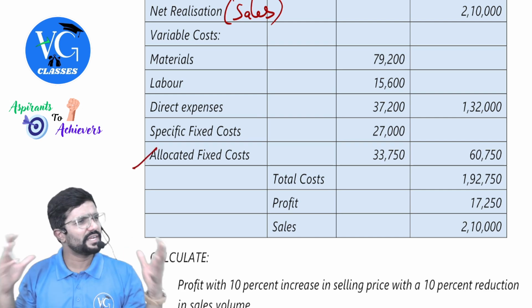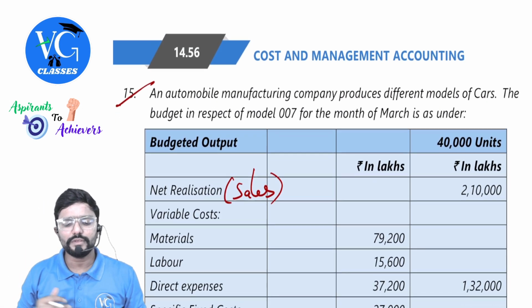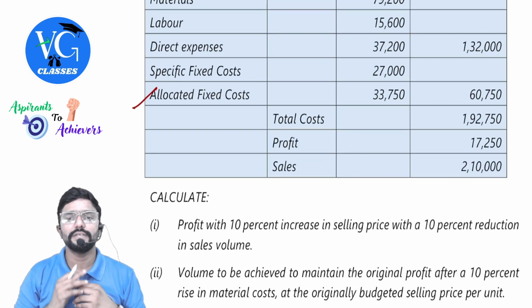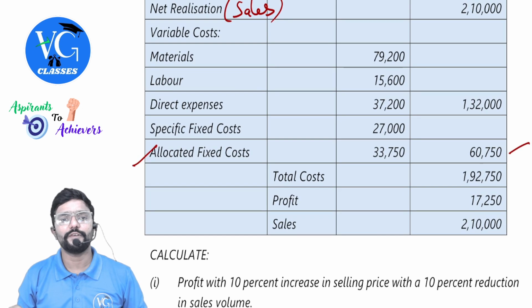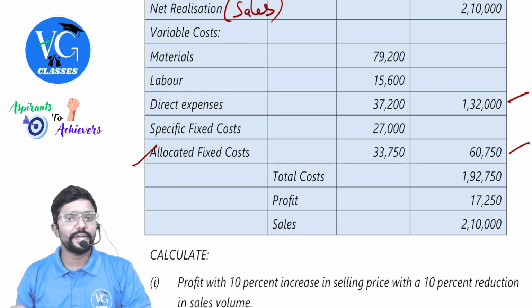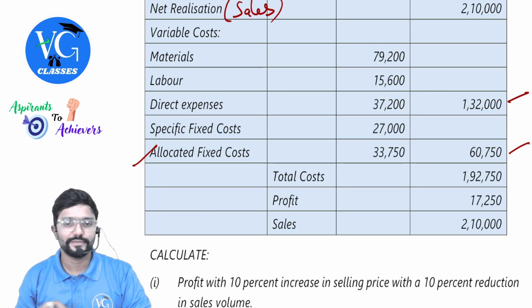Allocated means maybe you have incurred it as common. How much is apportioned to this model? 33,750. Total comes to how much? 60,750. Total variable cost is 132, whereas allocated fixed cost is 60,750 lakhs.